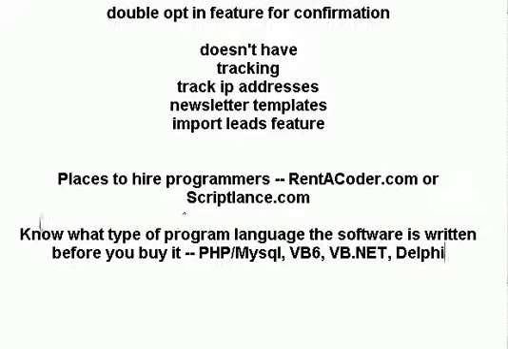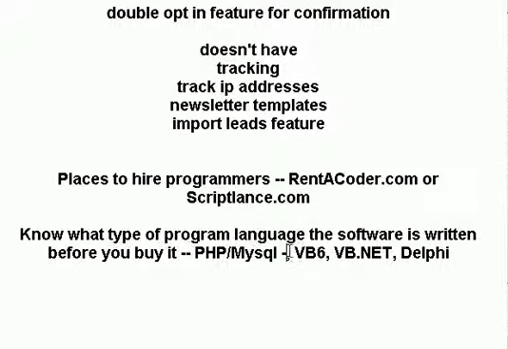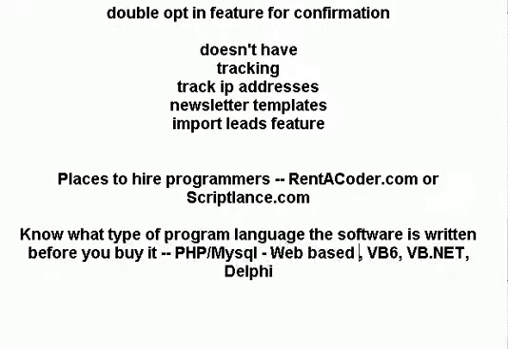So as you can see here, know what programming language the software is written in before you buy it. As we mentioned earlier, PHP and MySQL are both open source programming languages, so you'll have a higher percentage of people that use them. PHP and MySQL are web-based applications.